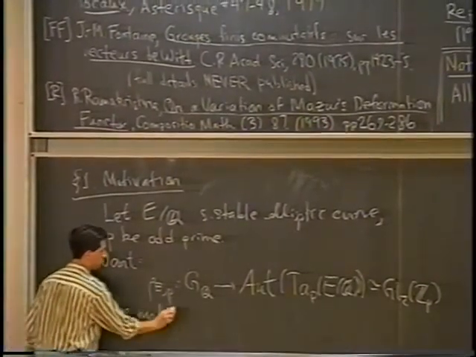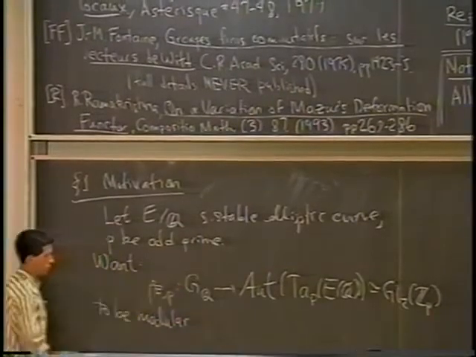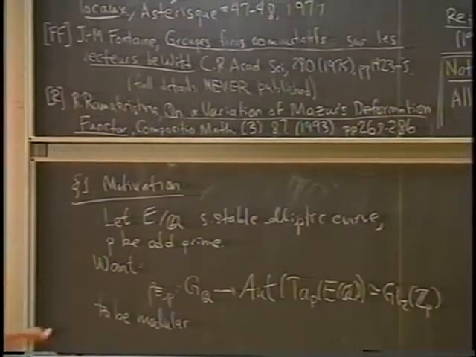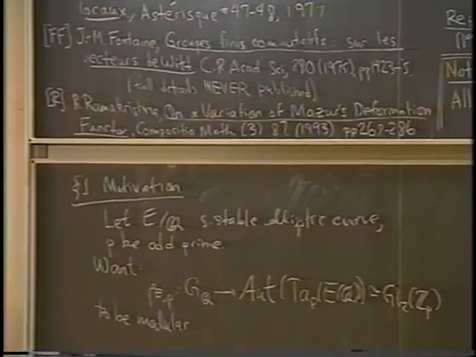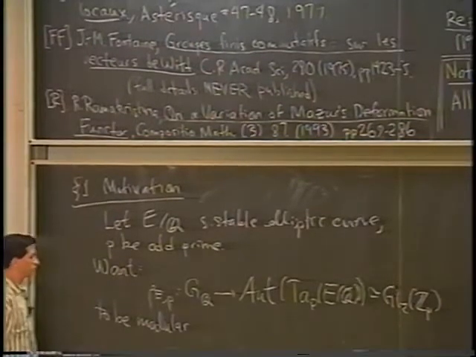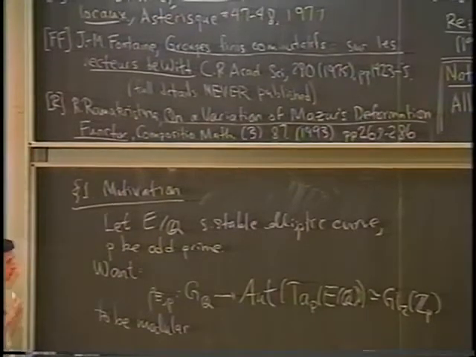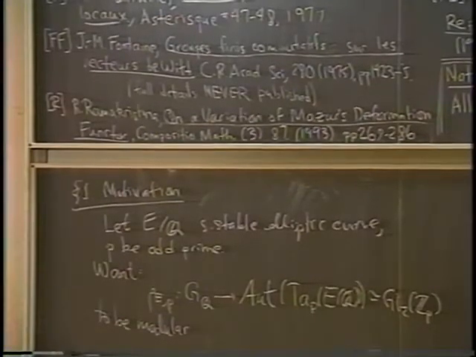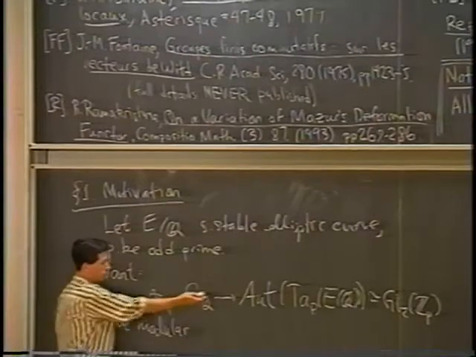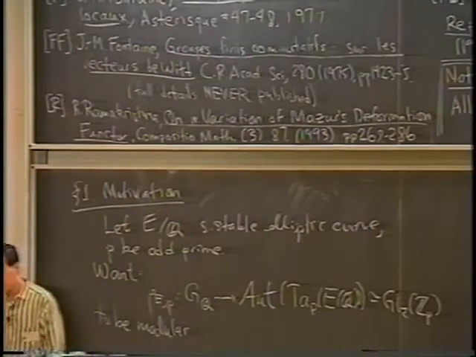And there are a number of different definitions of modularity, which are all equivalent to each other by various non-trivial theorems. The formulation that we're going to take is to prove that this representation is the representation coming from a suitable modular form. Wiles's method for doing this involves several basic ingredients, one of which is the modularity of the residual representation.